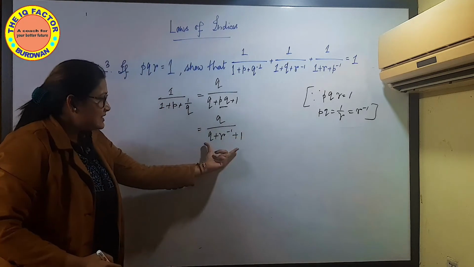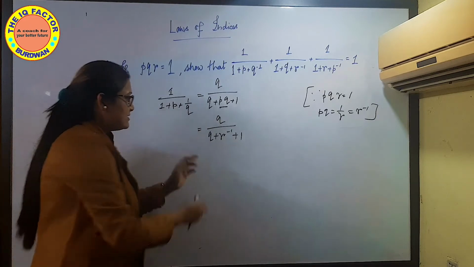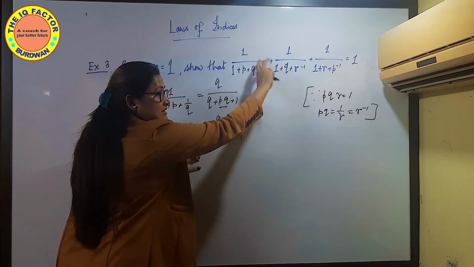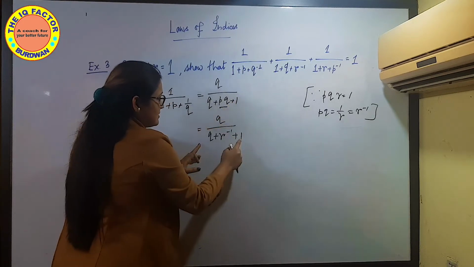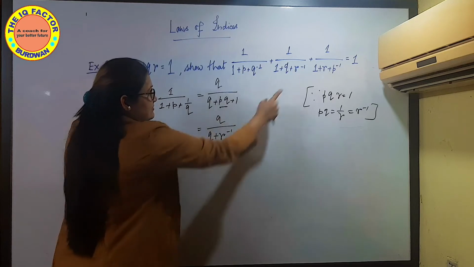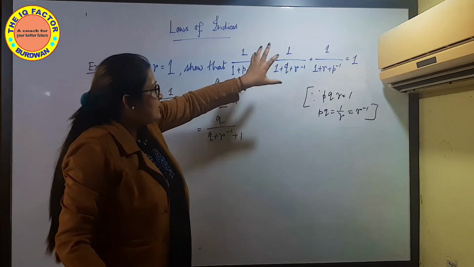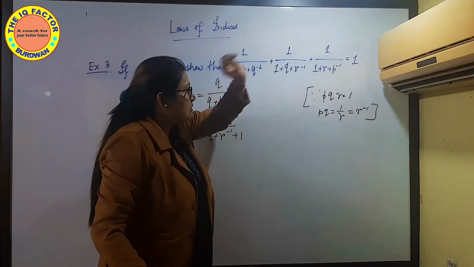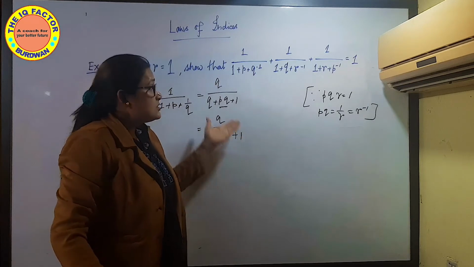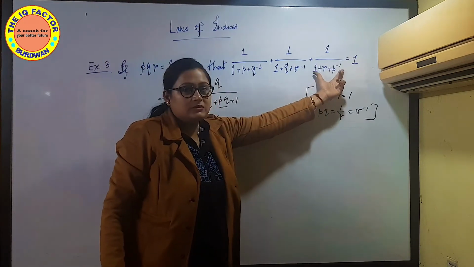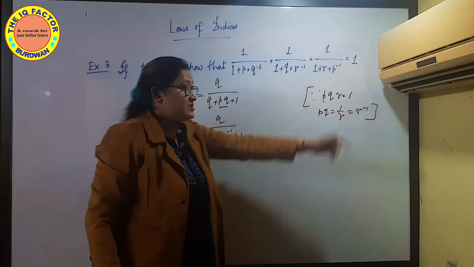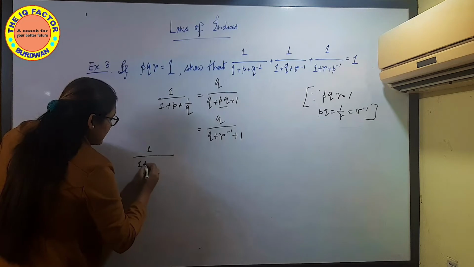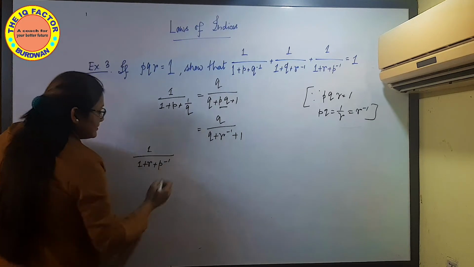Now see the denominator of that part. It is the same as the denominator of the second expression, 1 plus Q plus R inverse. So we will keep the second expression as it is, and not simplify it because the denominator is the same. Just go for the third expression, 1 by 1 plus R plus P inverse.